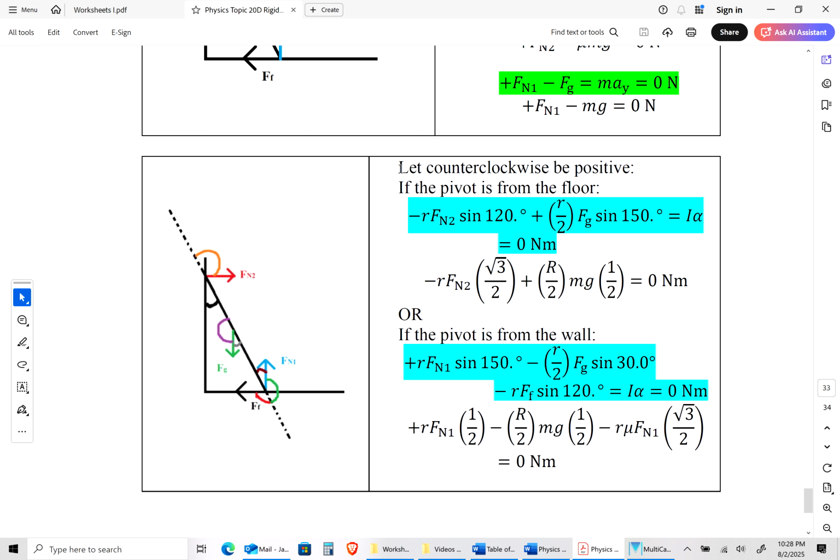So let counterclockwise be positive if the pivot is from the floor. So if we're letting the axis start from the floor to the ladder, what forces do we have? Well, we have R to the middle of the ladder times force of gravity, and we have R, the whole ladder length, times the force normal 2. So that's going to be this equation here.